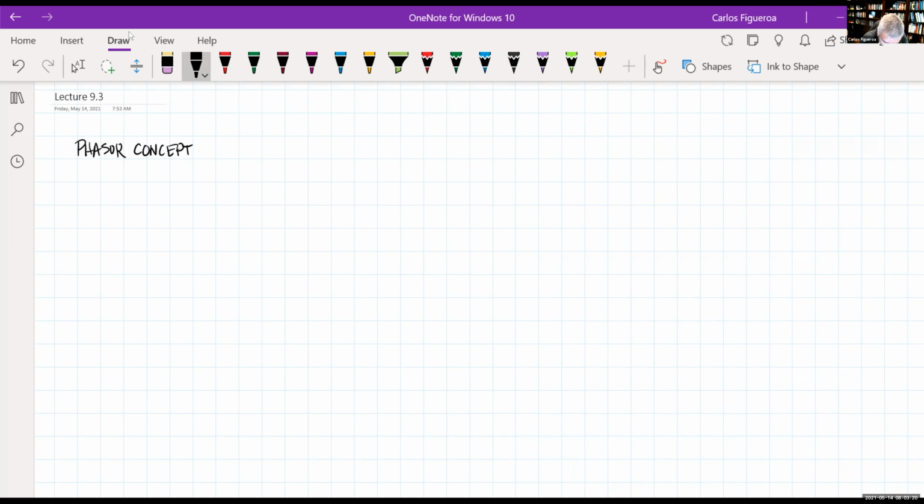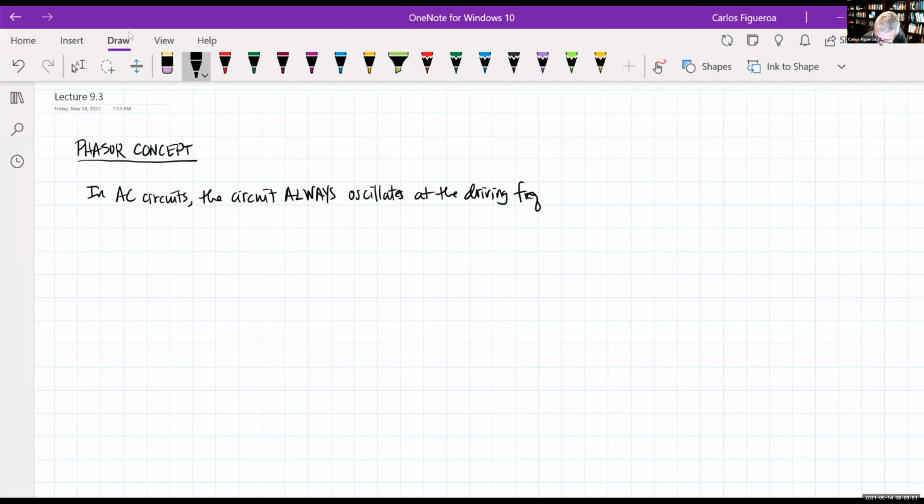In AC circuits, the circuit always oscillates at the driving frequency. And this is what we defined as omega.